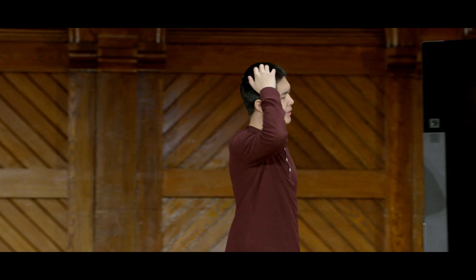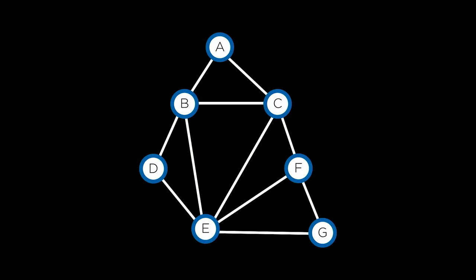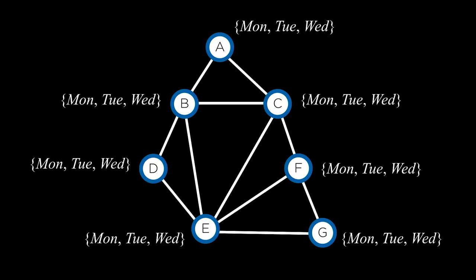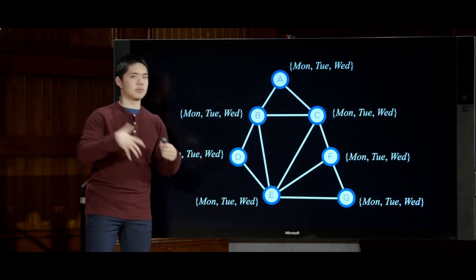So what then would happen if we tried to enforce arc consistency on a graph like this, on a graph where each of these variables has a domain of Monday, Tuesday, and Wednesday? Well, it turns out that by enforcing arc consistency on this graph, while it can solve some types of problems, nothing actually changes here. For any particular arc, just considering two variables, there's always a way for me to, for any of the choices I make for one of them, make a choice for the other one, because there are three options, and I just need the two to be different from each other.